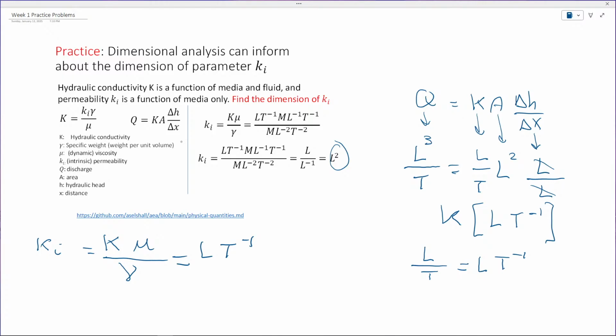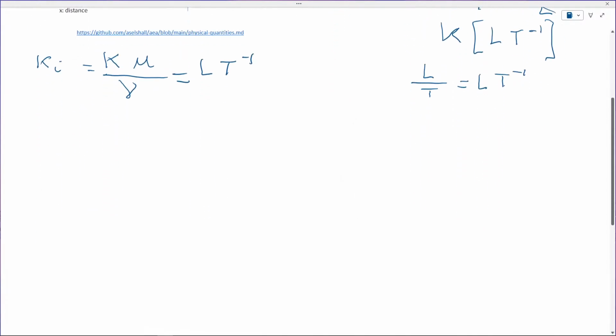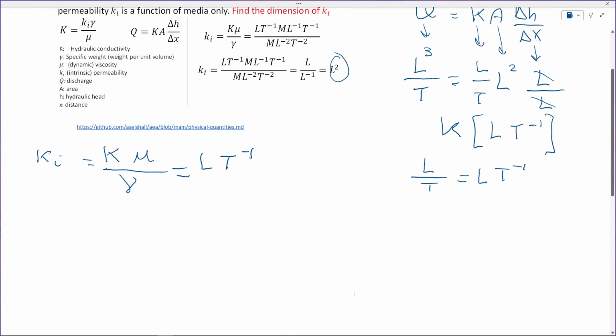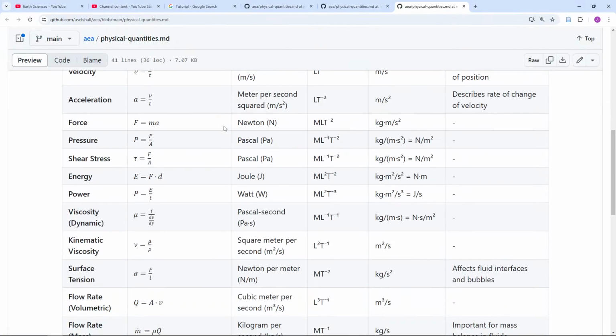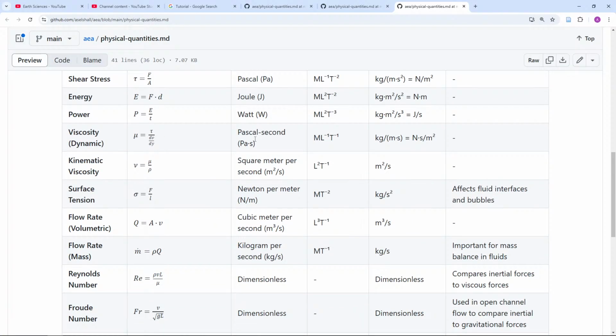Now, what is this one? Viscosity, dynamic viscosity. You can check it in a table. If you click here, for example, I put a table for you here, and dynamic viscosity has the dimension M L minus 1 T minus 1. Or I can derive this dimension by myself. Let's derive it. Viscosity is shear stress over velocity over distance, that is, dv over dy.